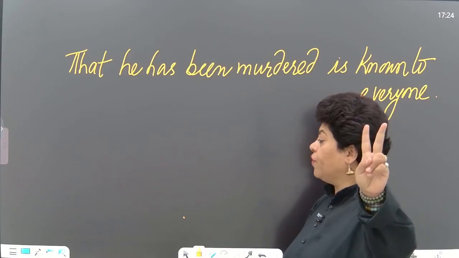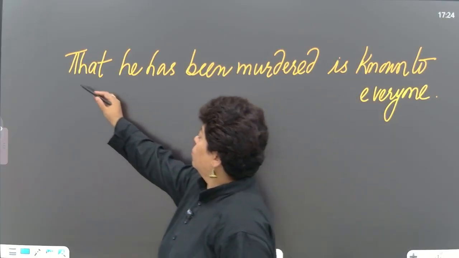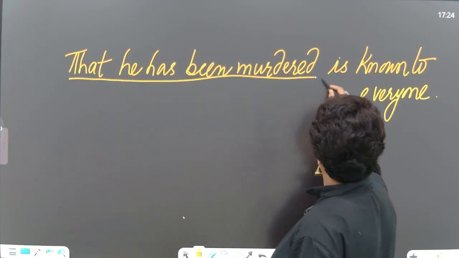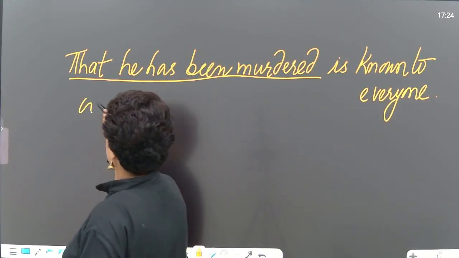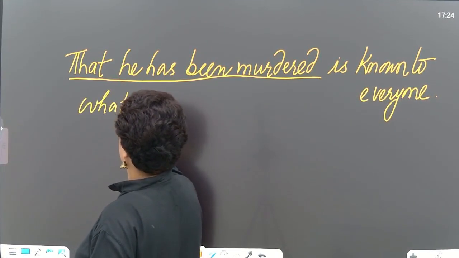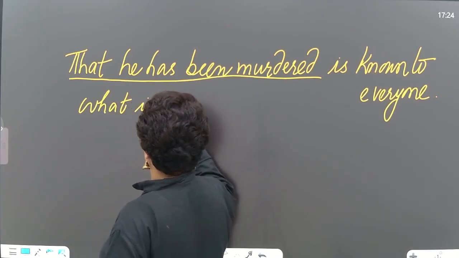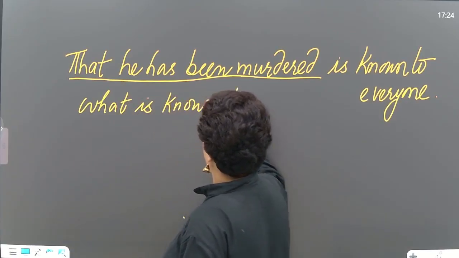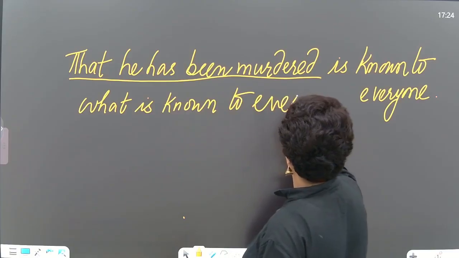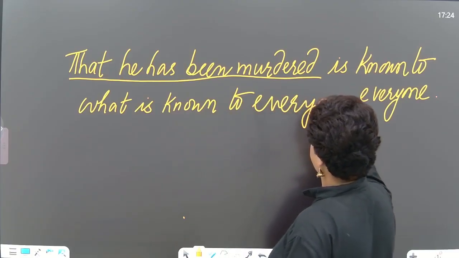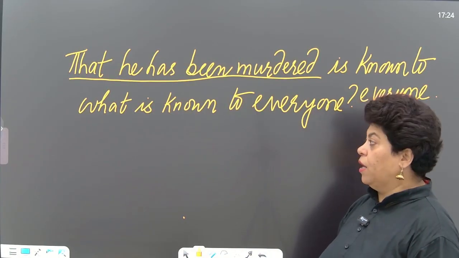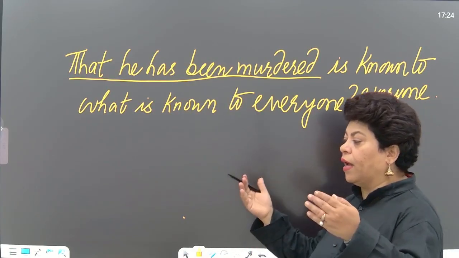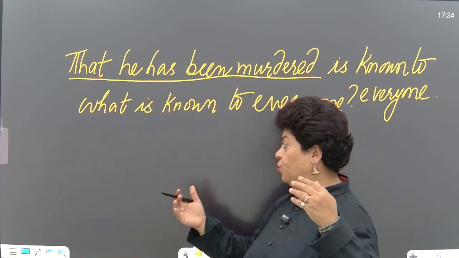We see the first rule. What is it? What is known to everyone? This is the first question that comes to our mind. If I need to answer, I can answer in one word also.